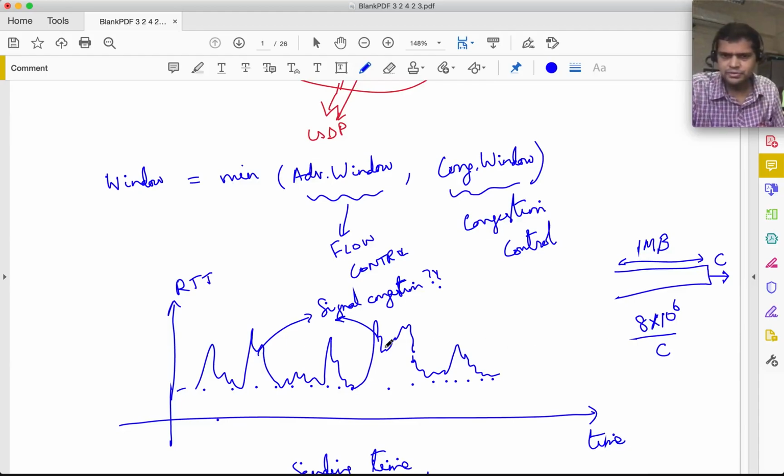I mean, if I have an absolute threshold, maybe I will not sense queuing delays at all. The queuing delays might actually be very small for high speed networks. Okay, so I'd have to look for slight increases in the queuing delay, and maybe that will signal that there is congestion.